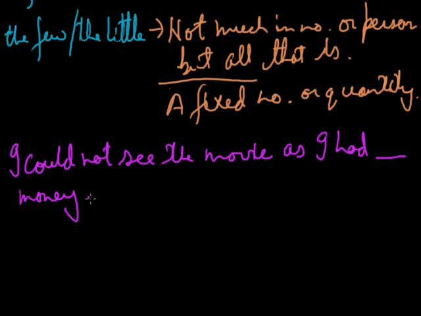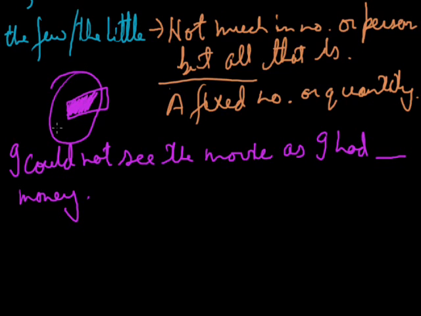Now the sentence is I could not see the movie as I had, blank, money. Now this means that I had money. Suppose this is money. So I had money, but that amount was not sufficient enough for me to see the movie.